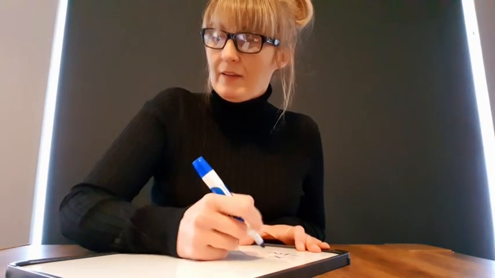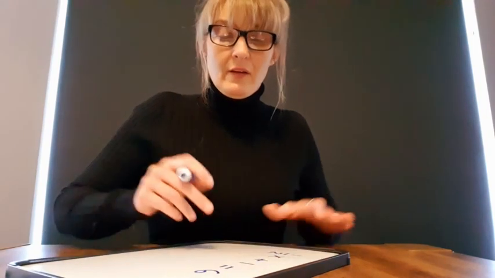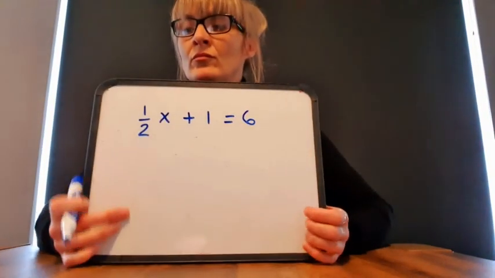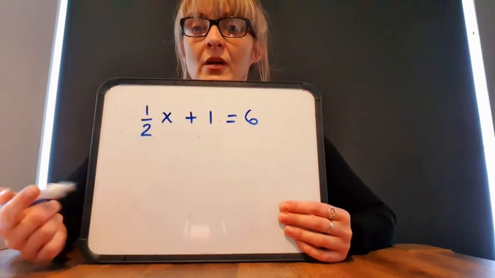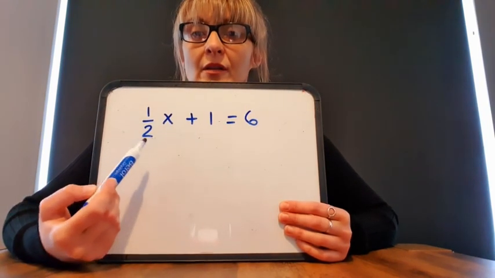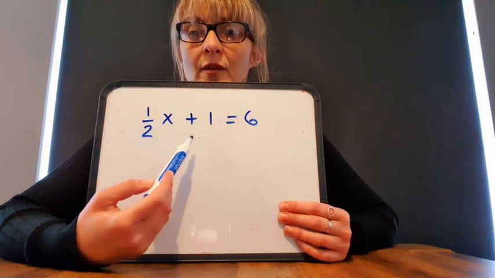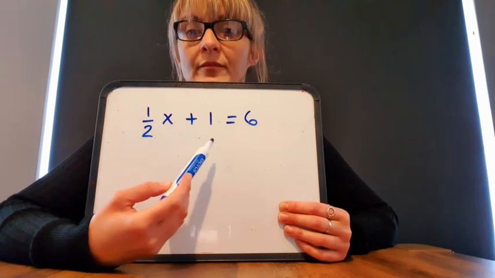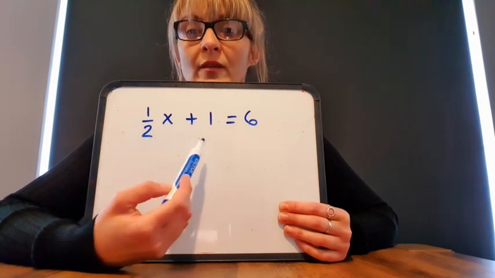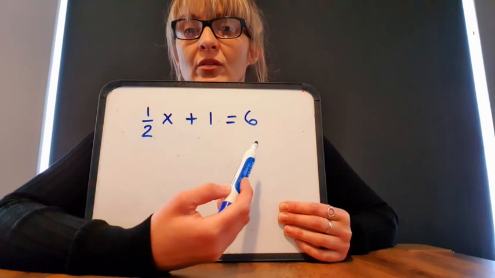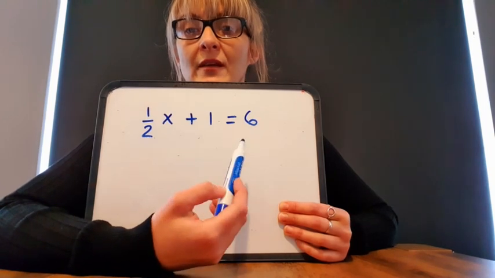The next one that I'm going to give you an example of is 1/2 of x plus 1 equals 6. Okay, so this is the trickier one, so we're going to start with this one. This is a plus 1. So when we take that over the magic bridge, the opposite of plus is minus.